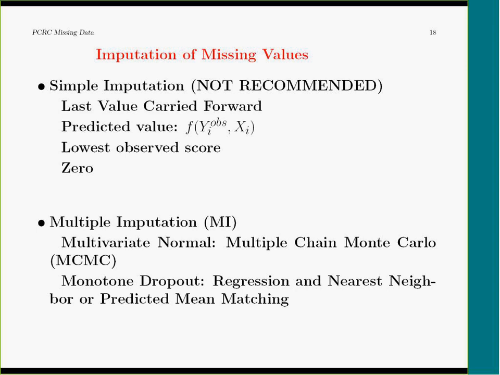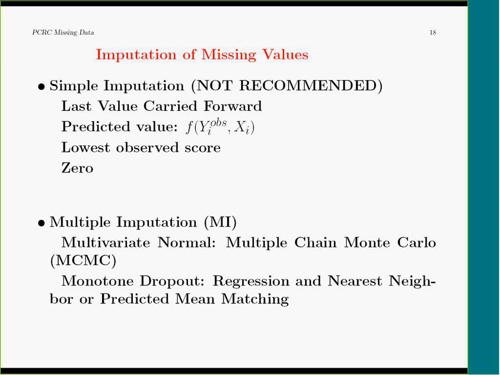So the alternative is doing multiple imputation, and there are a huge number of options for doing multiple imputation. They include things like MCMC, which assumes everything's multivariate normal. There are procedures for monotone dropout, which have actually recently been relaxed to allow for procedures that aren't quite so restricted.